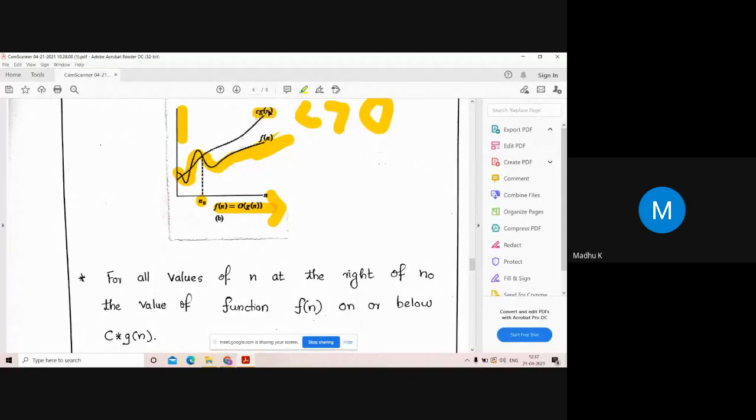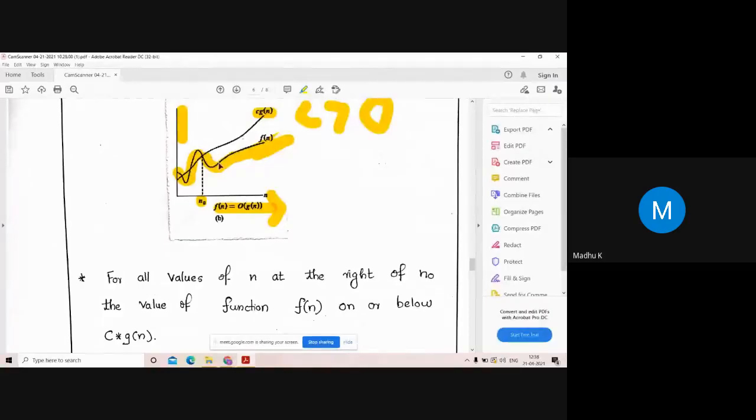You can note this curve, this is the c into g of n function. There is another function f of n, which is our actual function.